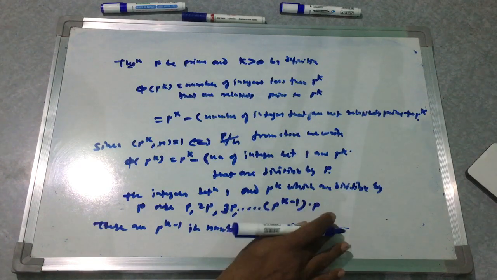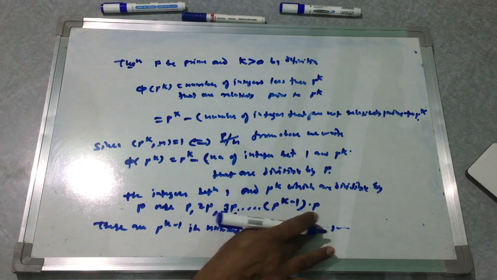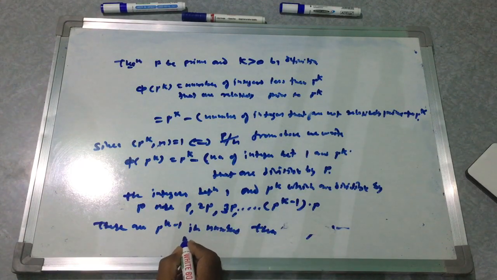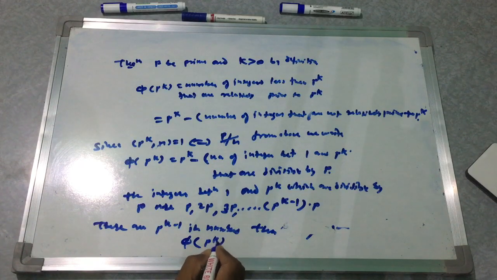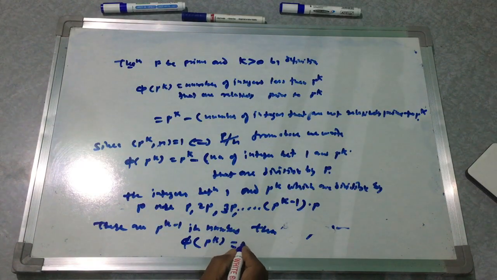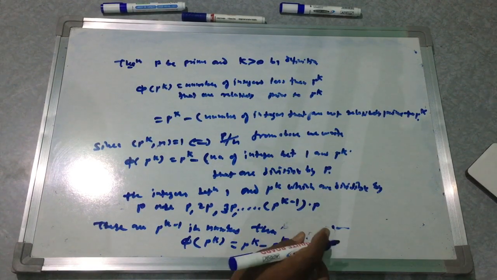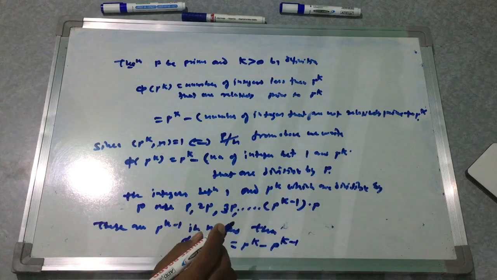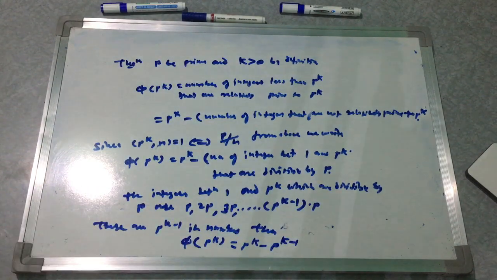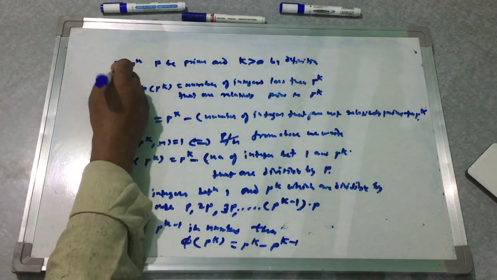Then we have phi of P to the K is equal to P to the K minus P to the K minus 1. Okay, so this is the thing. We explain the theorem. This is the theorem.